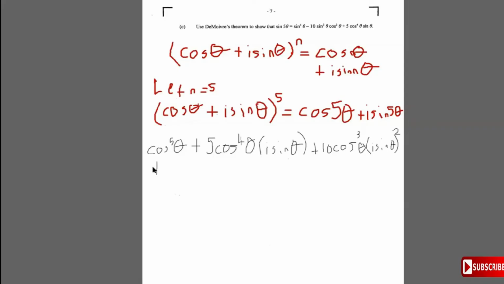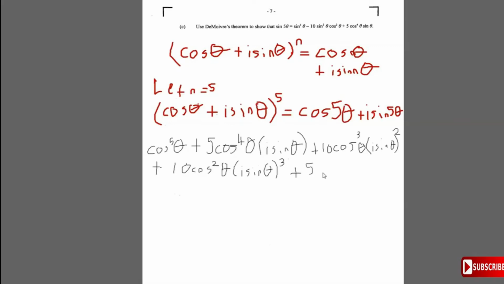Plus 10 again, but now it is 10 cos square theta times i sine theta cubed. Hope we're following the pattern. It is 1, 5, 10, 10, then 5 again. And notice that we're decreasing in powers of cos and increasing in powers of i sine theta.